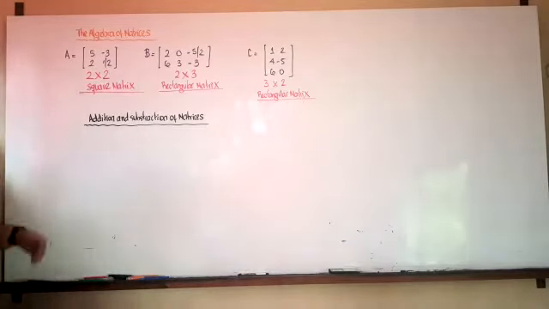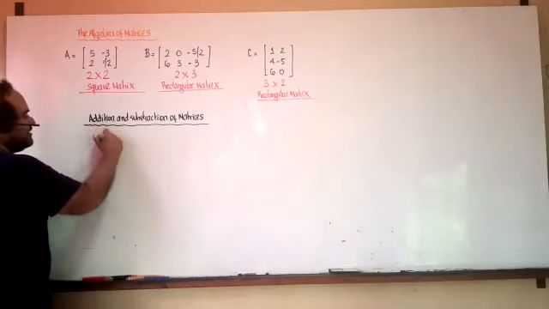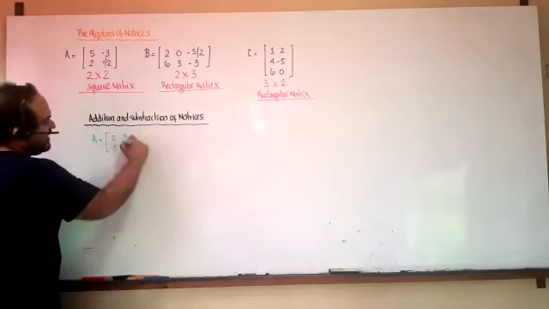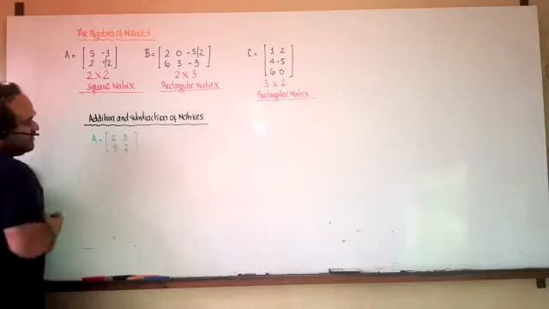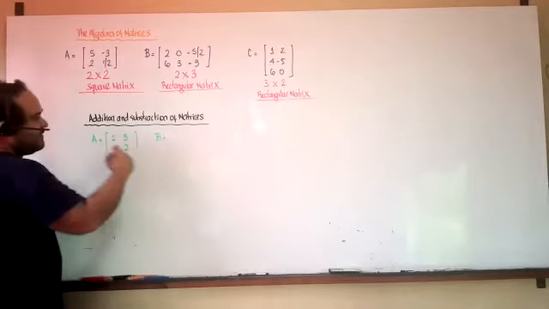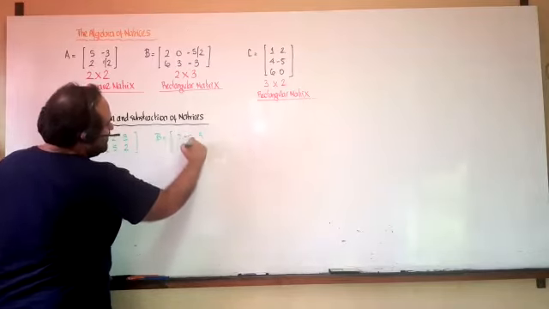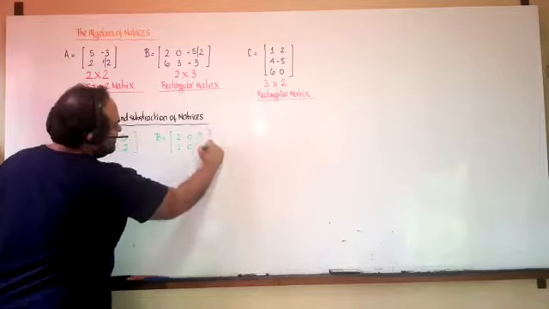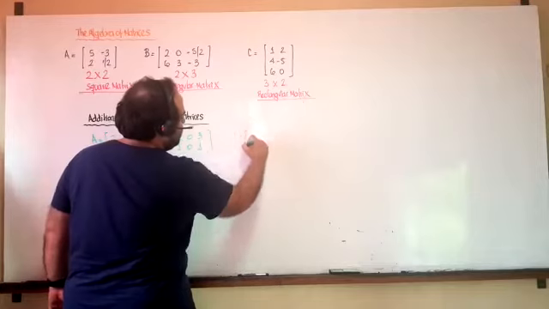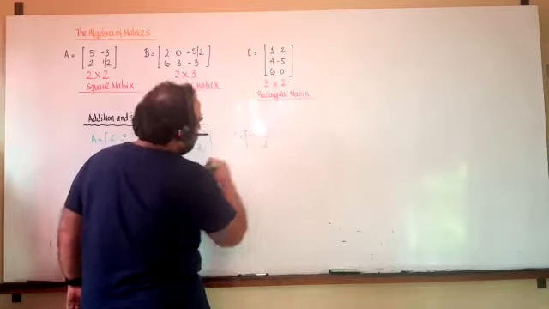Okay, so let me give you one single example. We have a matrix A given by 2, 3, 5, and 2. And we have matrix B given by 2, 0, 3, 1, 0, 1. And we have matrix C: negative 5, negative 2, 0, and 1.